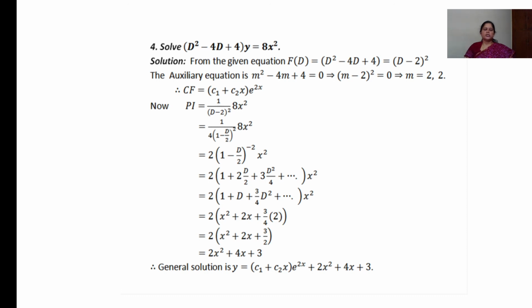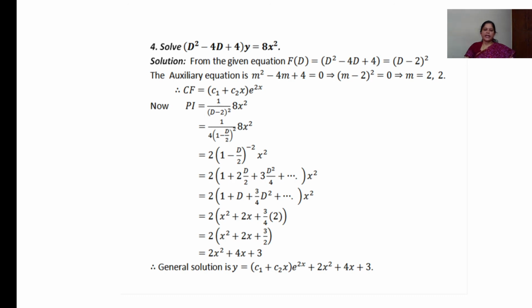So minus 2 whole square will come out, means we'll get 4. So 4 we have outside, then remaining is 1 minus D by 2 whole square we got in the denominator into 3x square. So bring that denominator value to the numerator, we'll get 3 by 4 into 1 minus D by 2 whole to the power minus 2 into x square. So now after simplification we got that.